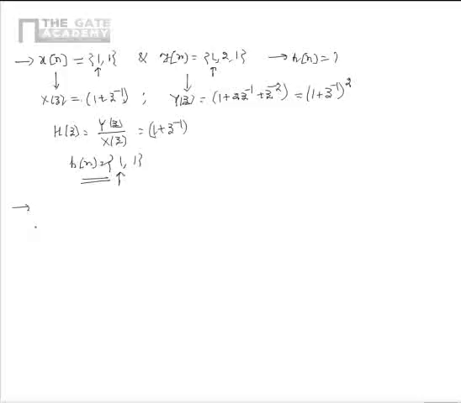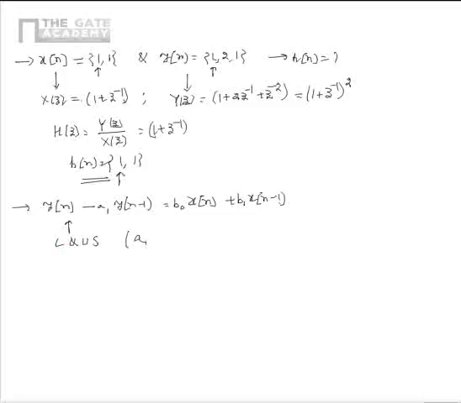Now let us consider another problem in which there is an LTI system which is described by the difference equation y of n minus a1 y of n minus 1 equal to b0 into x of n plus b1 into x of n minus 1. It's given that the system is causal and unstable.